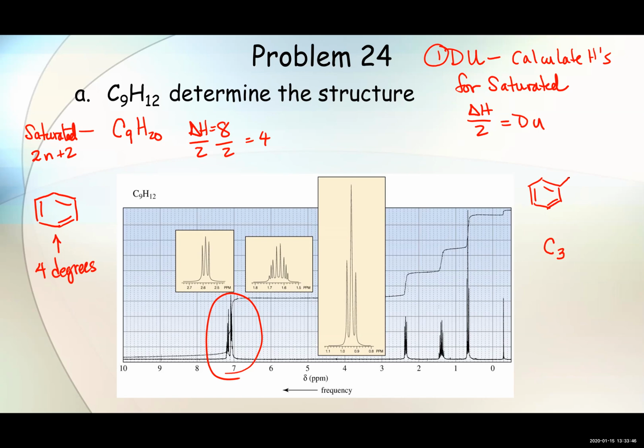The reason for that is if there were 2 substituents on here, then there would have to be 2 carbons on one side and maybe 1 carbon on the other side. And this guy would be a singlet because there's no neighboring hydrogen on this carbon.